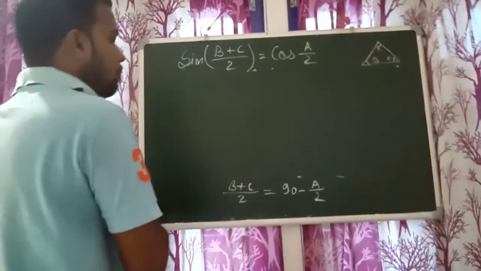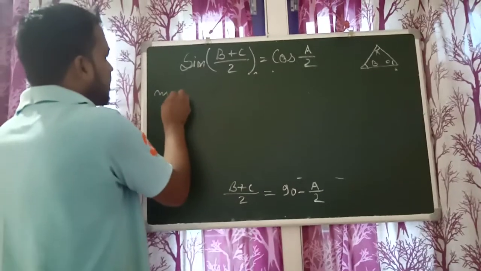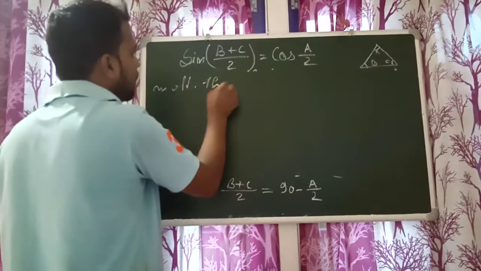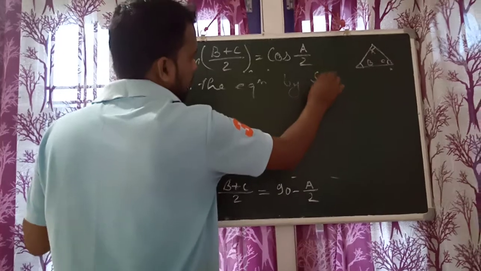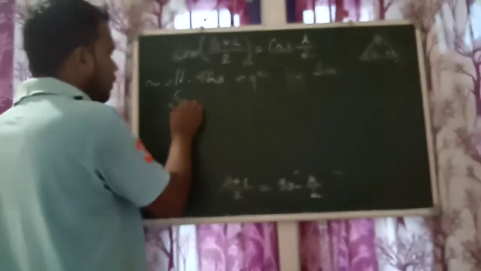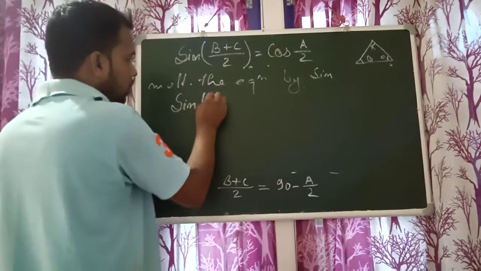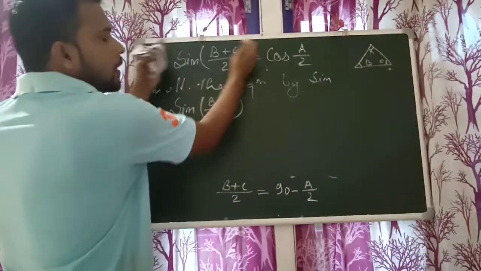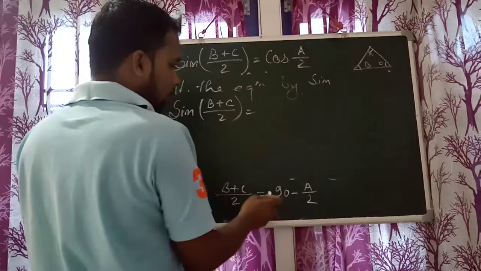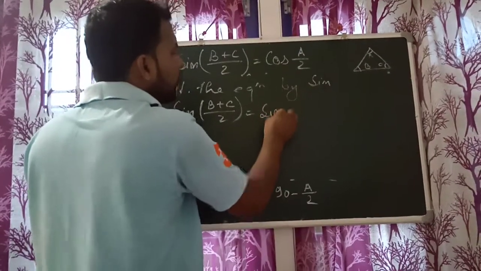Then after multiplying the equation by sin, what will we get? Sin (b plus c) by 2. We got this side is equal. Here also you have to multiply.